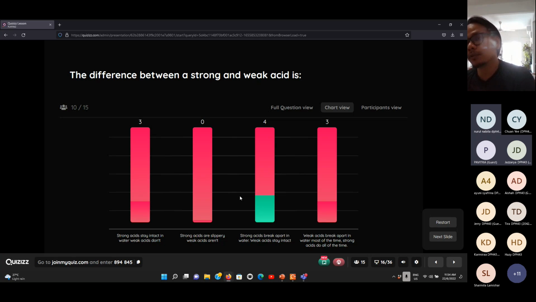A strong acid dia boleh ionize, menghasilkan hydrogen completely. Kalau a weak acid only partially saja produce H plus ion. So that is the main definition.